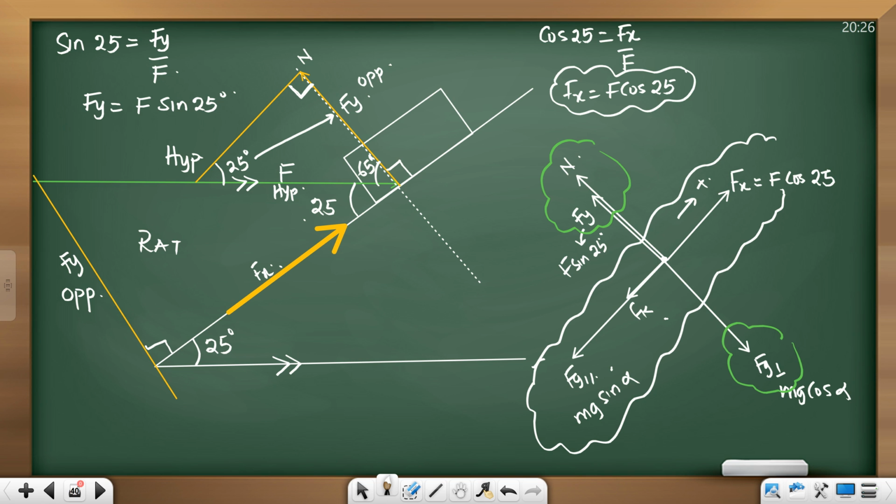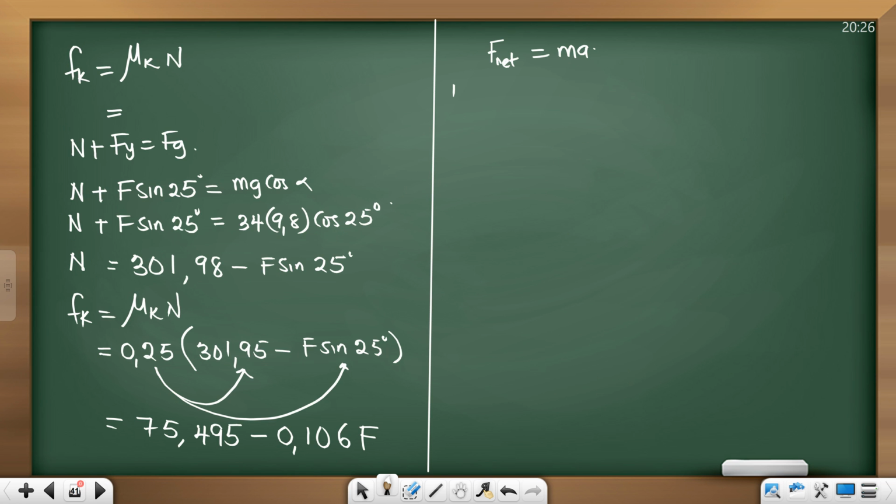So what is it going to be? F cos 25 minus FK minus FG parallel. F cos 25 minus FK minus FG parallel equals to what? MA.